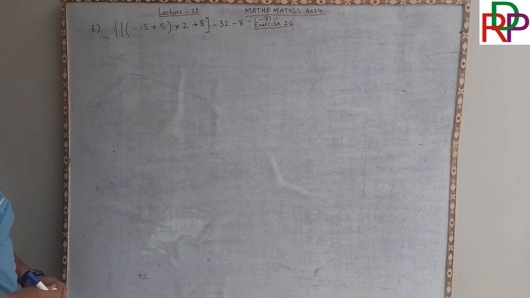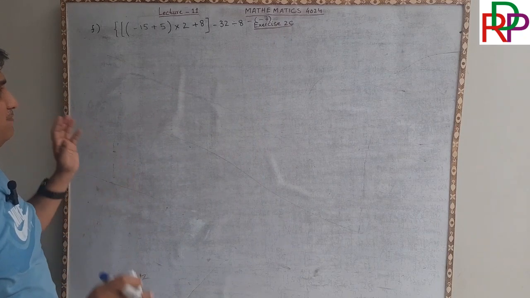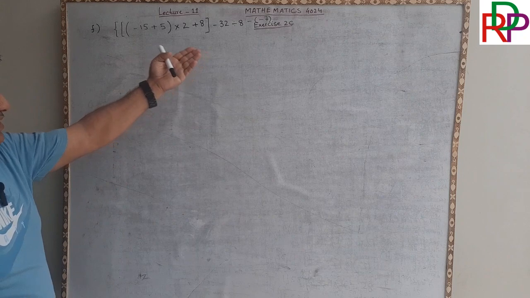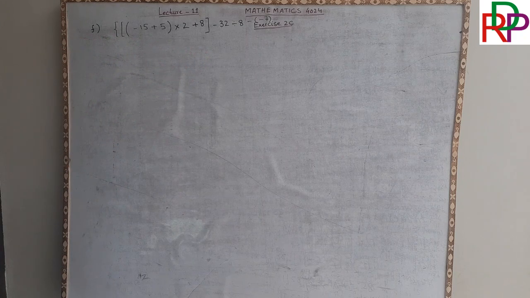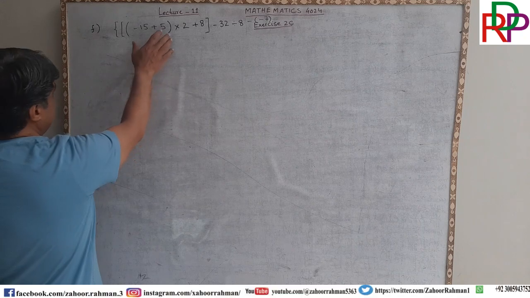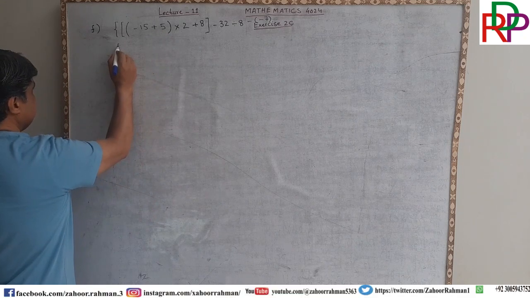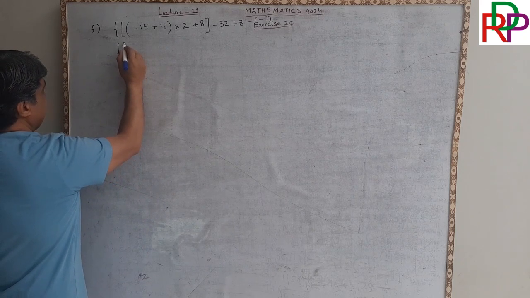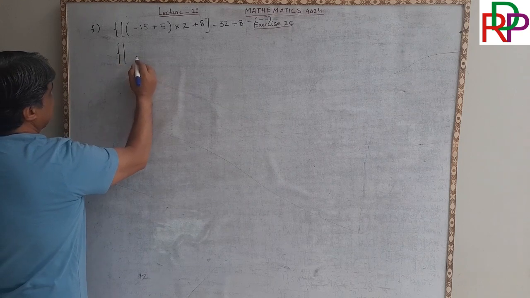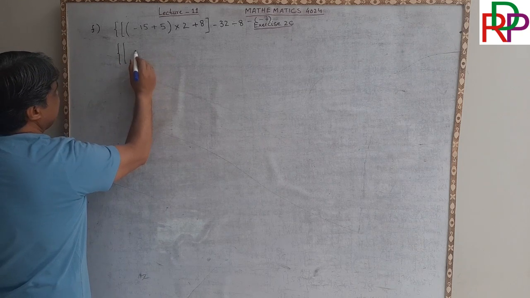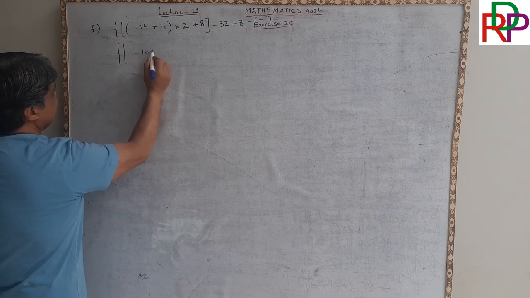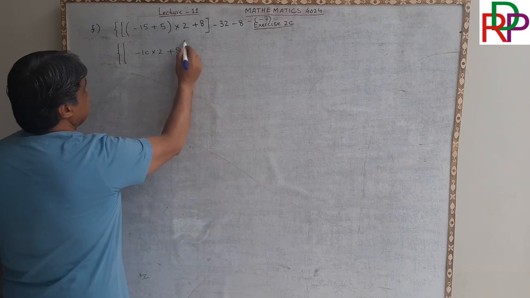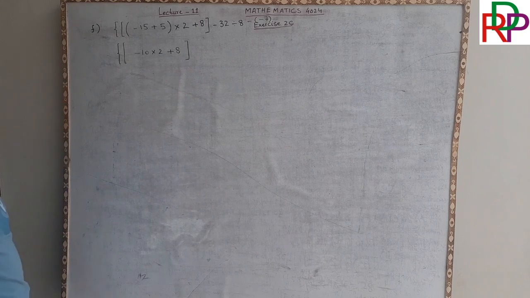Long question. You will be tested fully on the priority of which operator comes first. If you give a simple look at this question, the first priority is the parenthesis. So we will write the braces, and then the square brackets in its place: minus 10 multiplied by 2 plus 8, and then I am closing the square bracket.